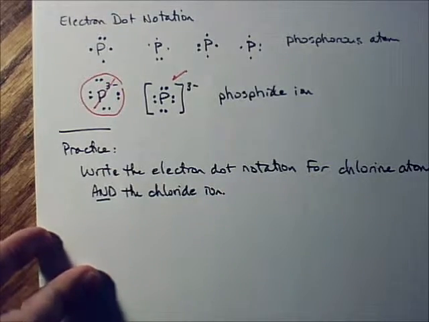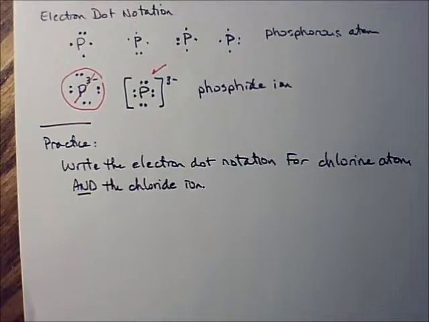Okay, so there's your practice problem. Write the electron dot notation for a chlorine atom and the chloride ion.